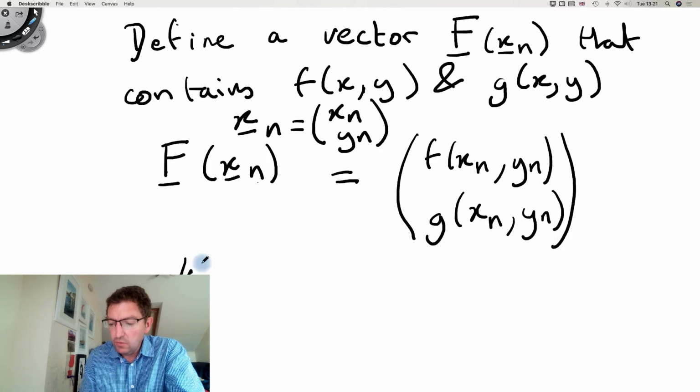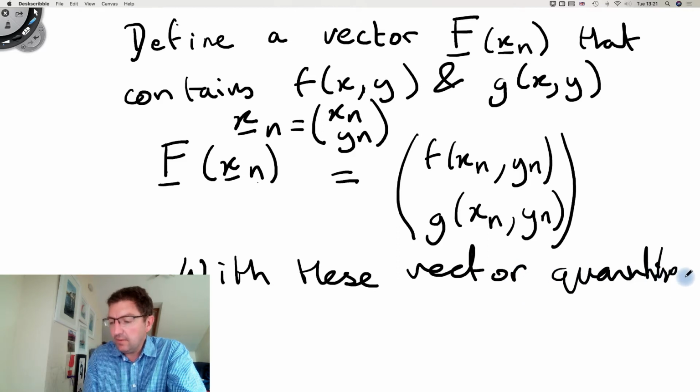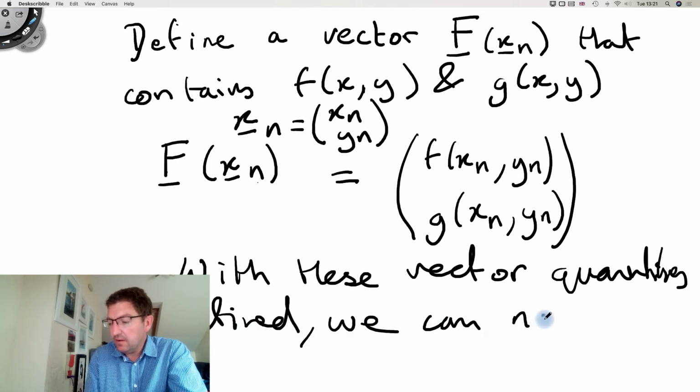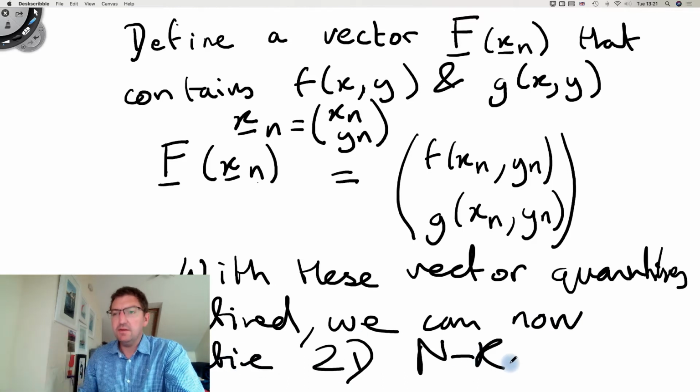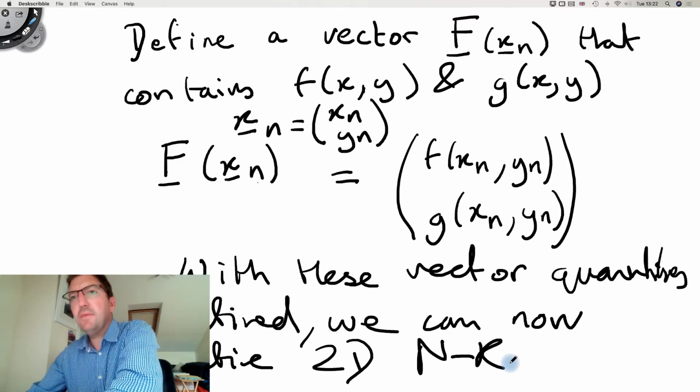So with these vector quantities, we can now define 2D Newton-Raphson. Okay, so that's what we're going to do in the next slide.